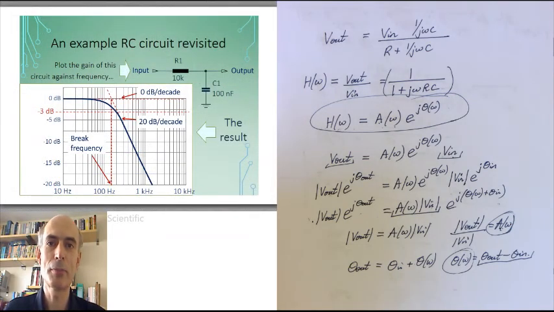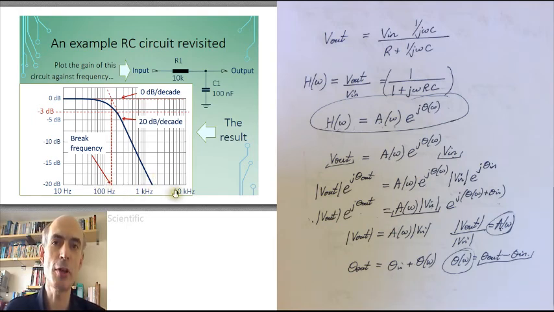You may have noticed in that previous slide that the plot had a roughly horizontal line at very low frequencies, and again it had a straight line at higher frequencies. And this only happens if we plot dBs on the y-axis against a logarithmic scale of frequency on the x-axis.